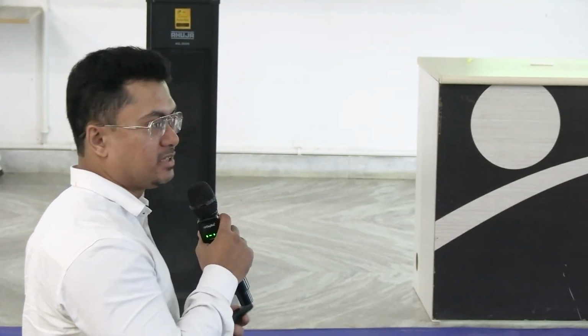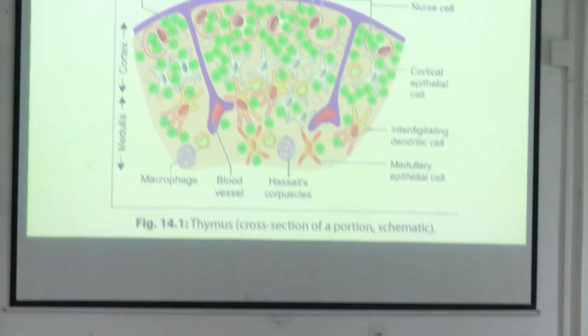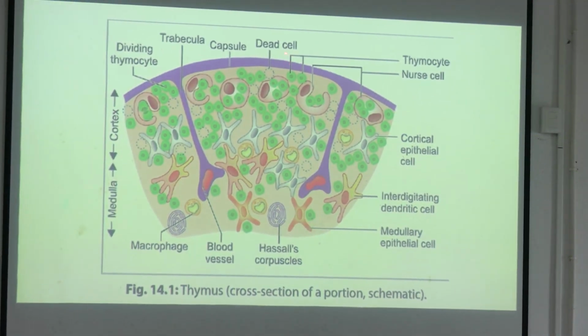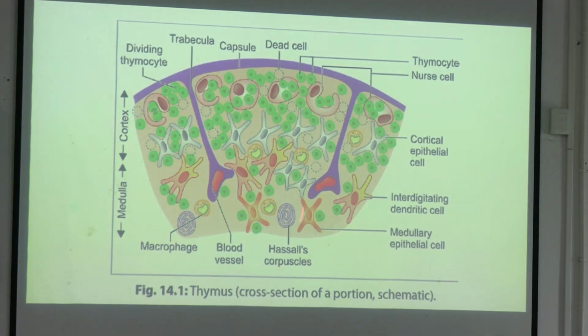There are two lobes and there is a fibrous capsule, and it is divided into an outer cortex and an inner medulla. Okay, you people will know these things better because you have read them last year. See, both this cortex and medulla will be housing these green cells. What are these green cells? Thymocytes. Okay.